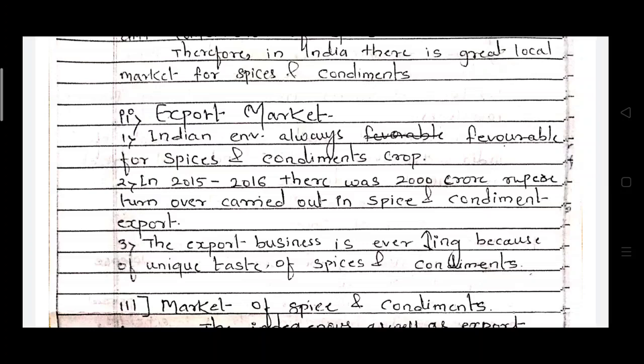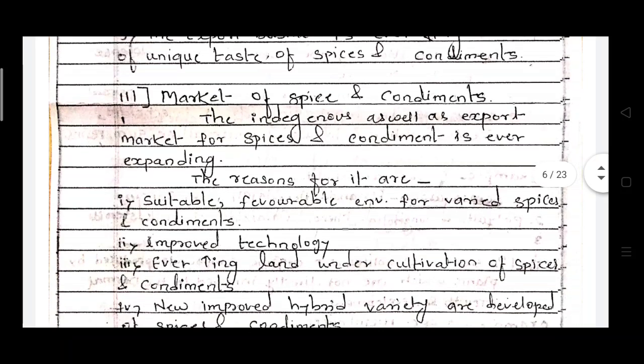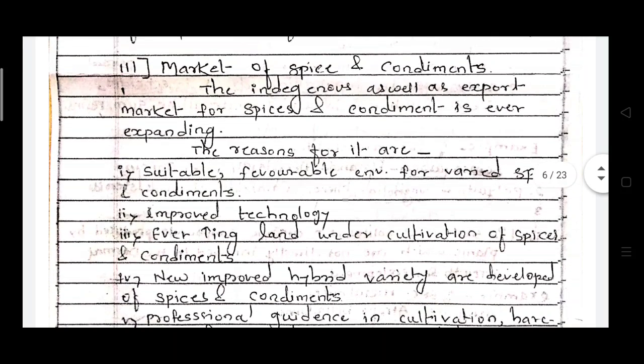So now and in future, the export market of spices and condiments creates high value. These indigenous as well as export markets of spices and condiments are ever expanding.